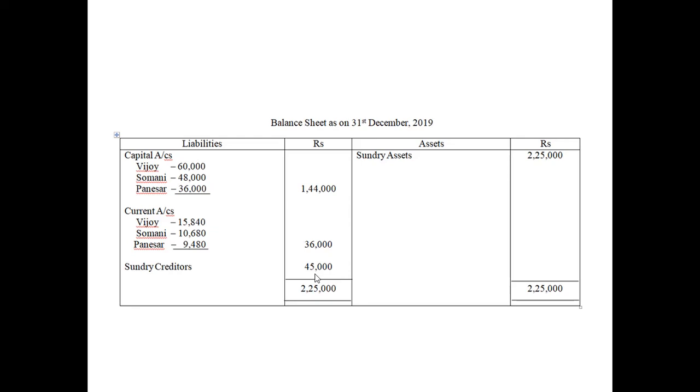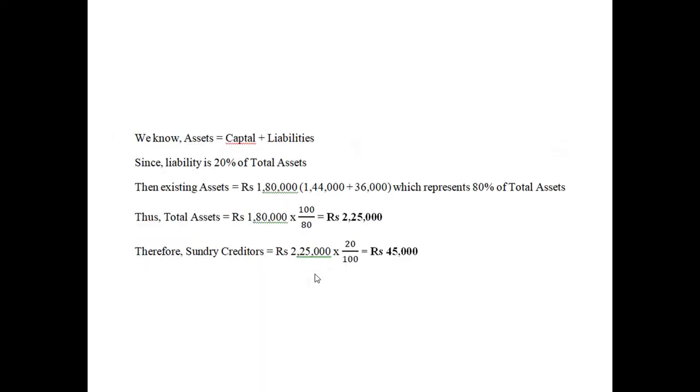Now let us see the next slide here. We all know this concept, that assets is equal to capital plus liabilities. In this particular question it is mentioned that liability is 20% of total assets.